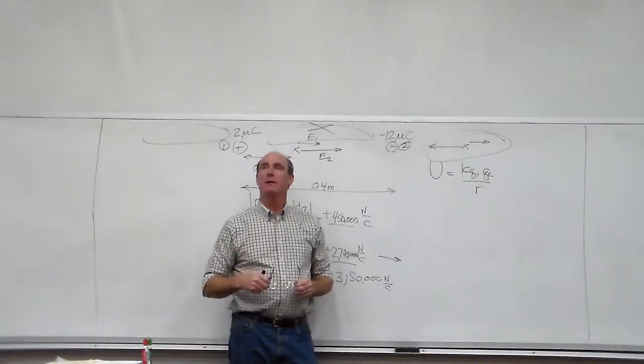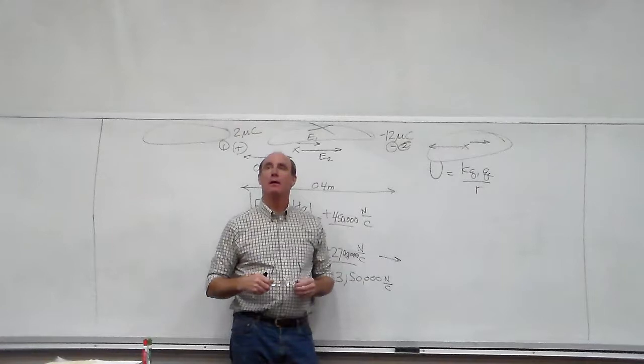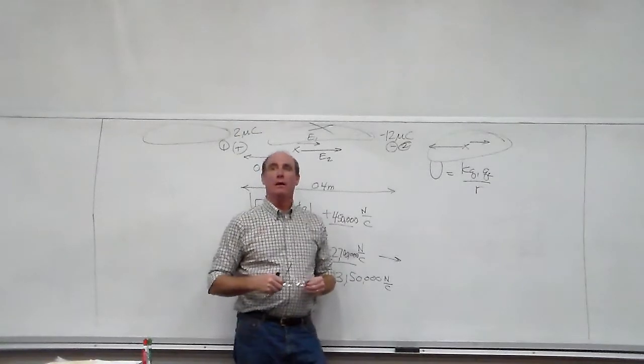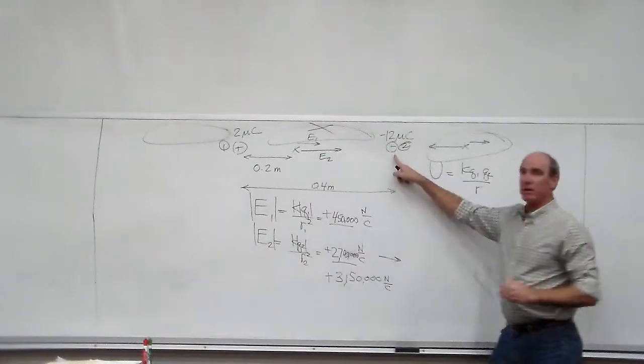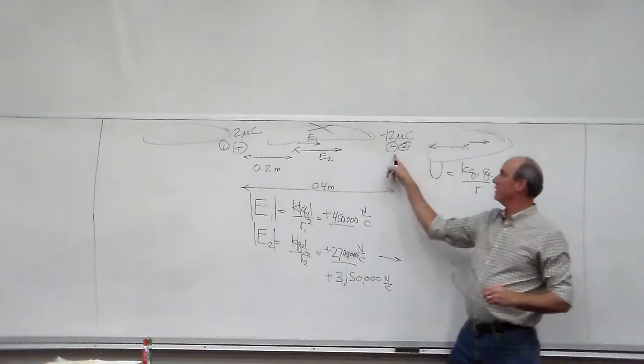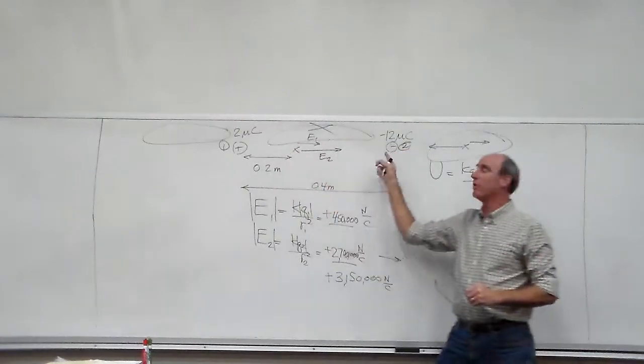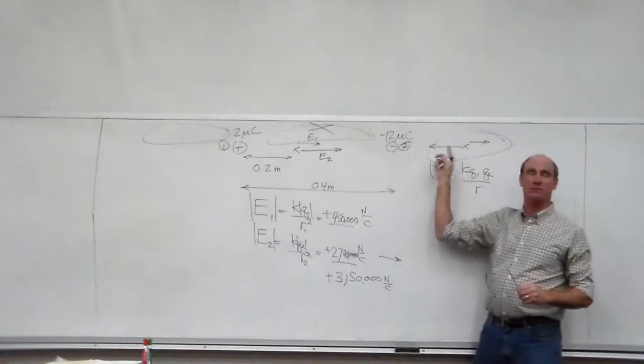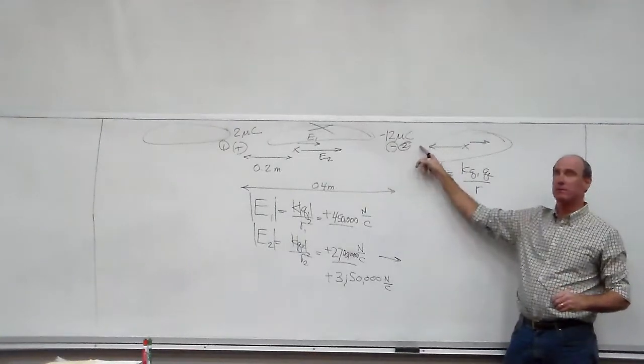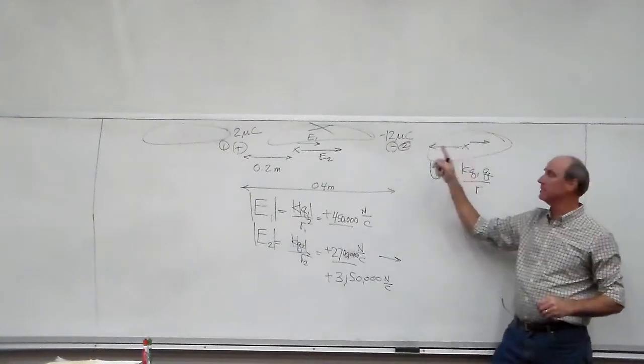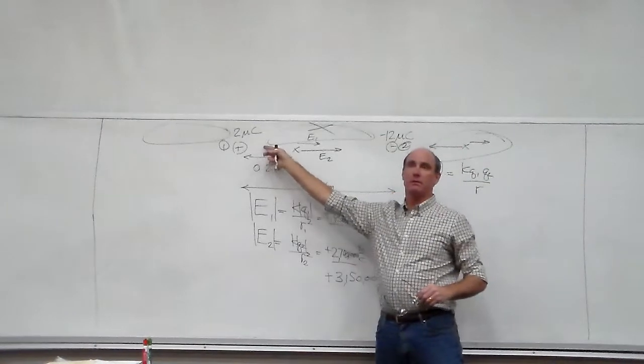They both have the same distance apart and the charges are not the same. Okay, so this charge has a bigger magnitude than this, so it has more influence, and it's closer, so it has a lot more influence over this point in space than that.